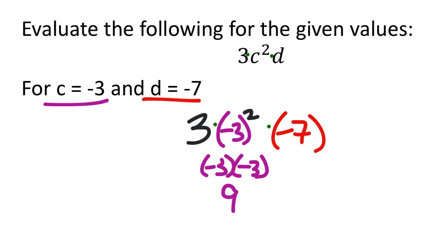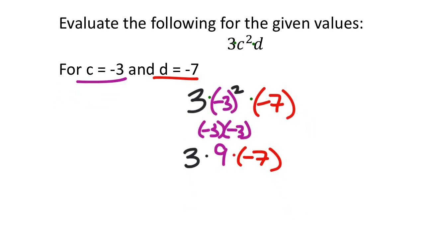So just rewriting this expression, I got 3 times 9 times that -7. And at this point we can see from the multiplication, because there's no more exponents, that there's only one negative. And since 1 is odd, we know that this answer is going to end up being negative.